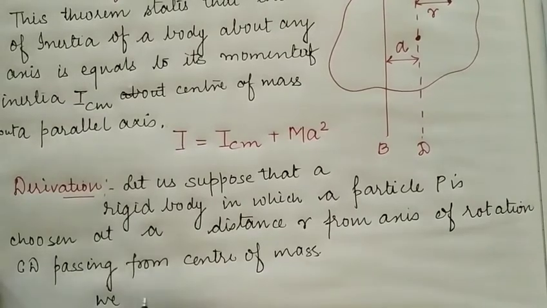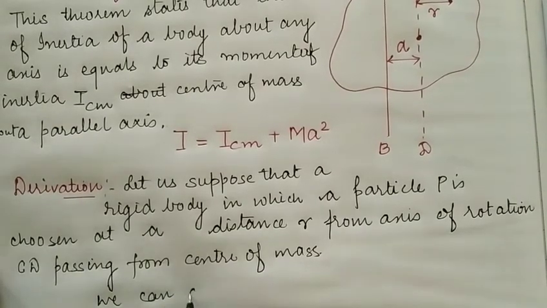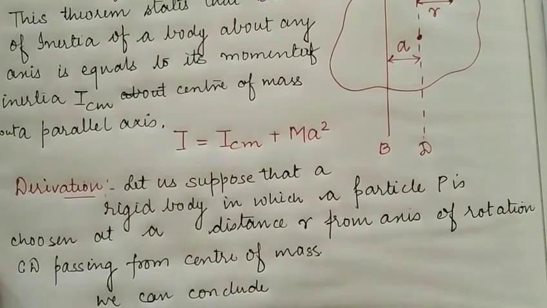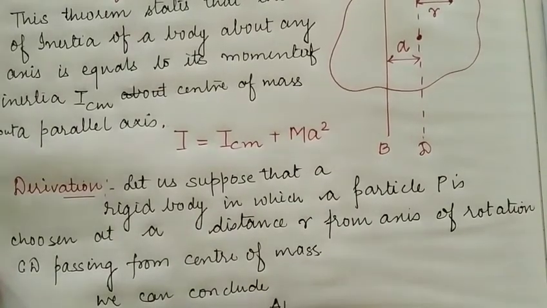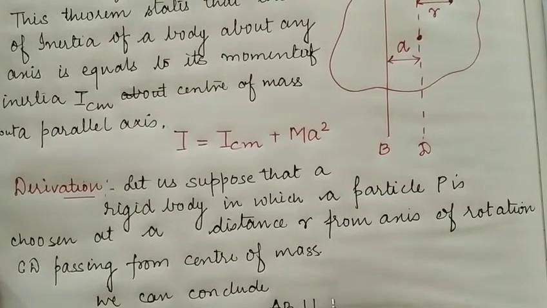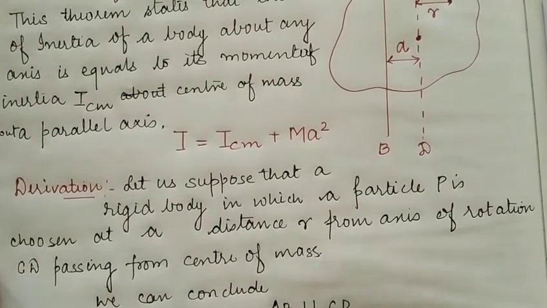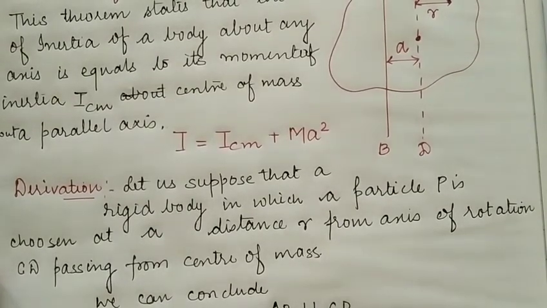We can conclude here that axis AB is parallel to axis CD. It means that AB and CD are parallel to each other.